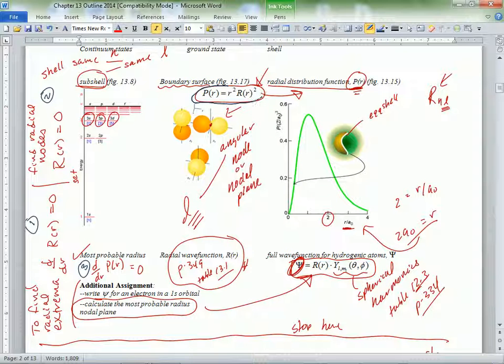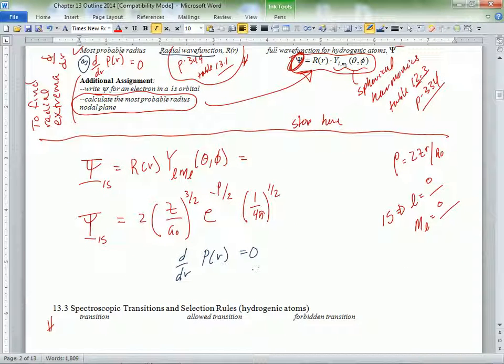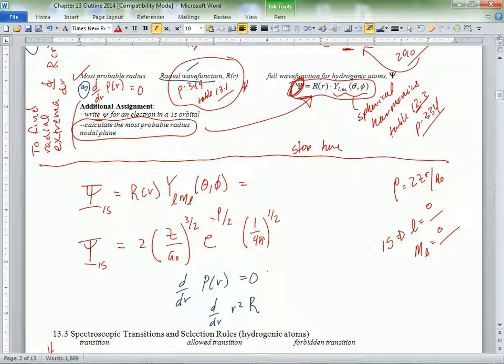The radial wave function, not the radial distribution function, was R of r. So this is the radial wave function, and we have to square it and take it times R squared. That would be P of R. So we have to take the derivative of R squared times our radial wave function, which has to be squared too, and set it equal to 0.